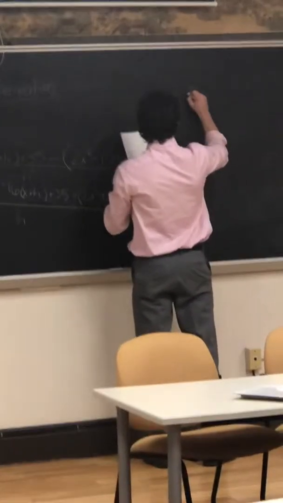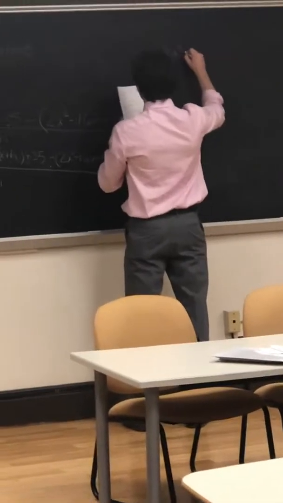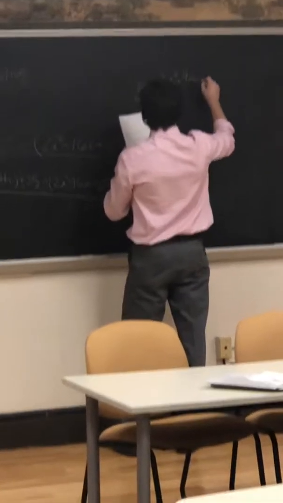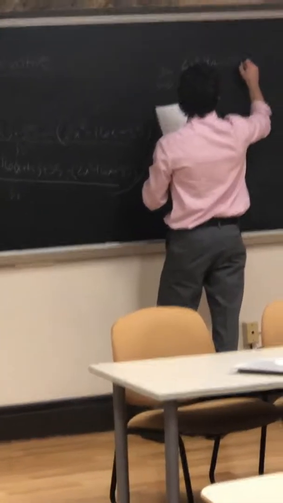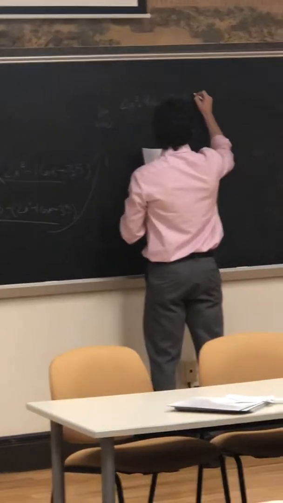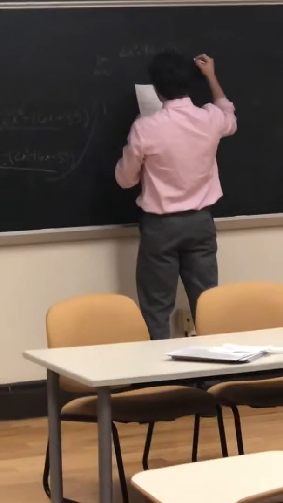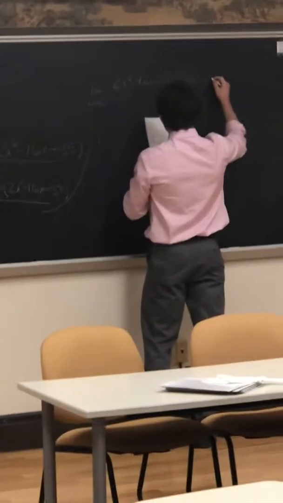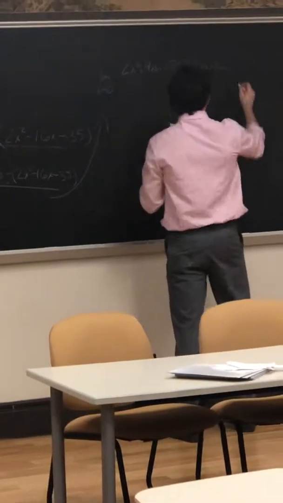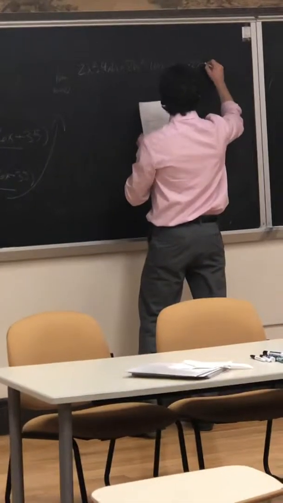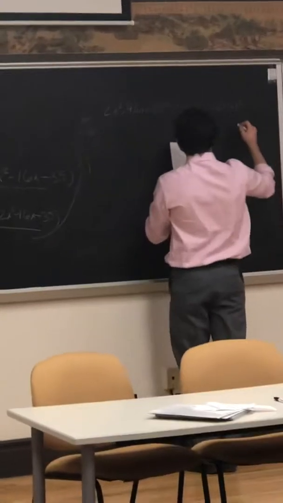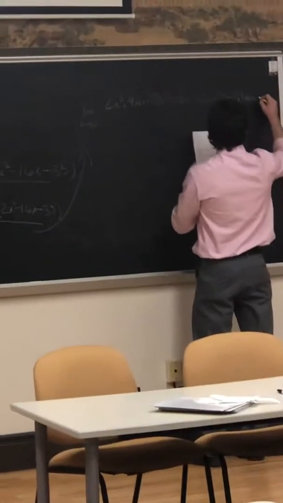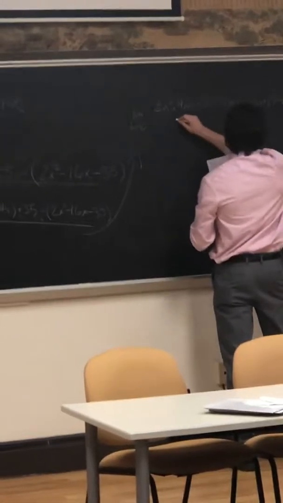So when we distribute everything, it's going to be 2x squared plus 4x times h plus 2h squared minus 16x minus 16h plus 35 minus 2x squared plus 16x minus 35 all over h.